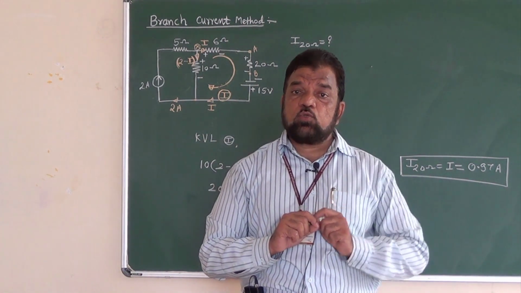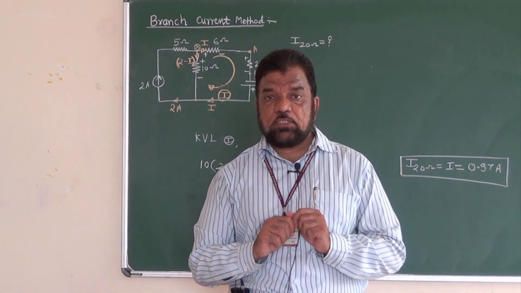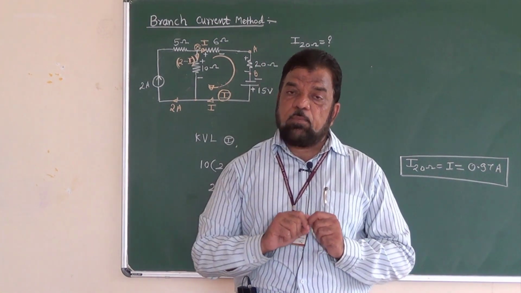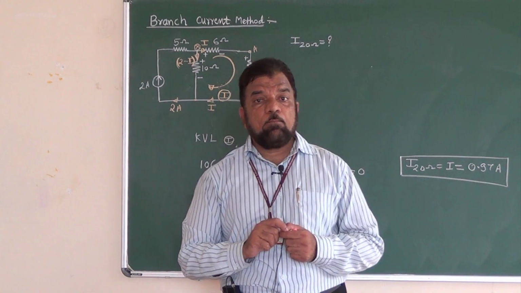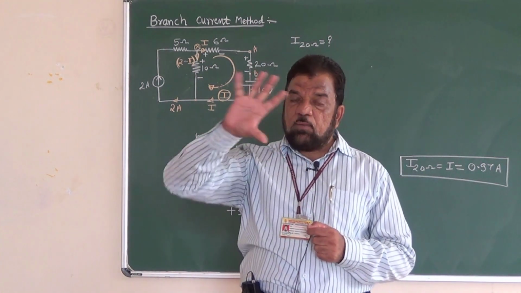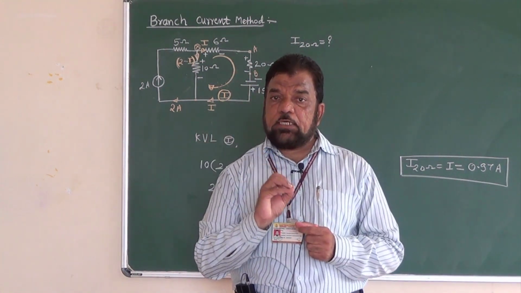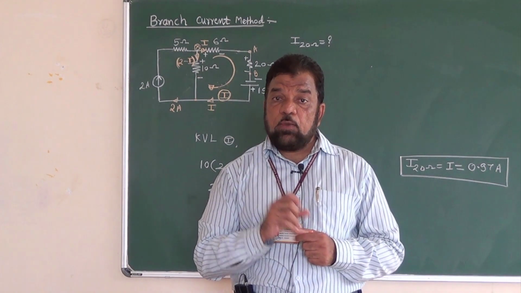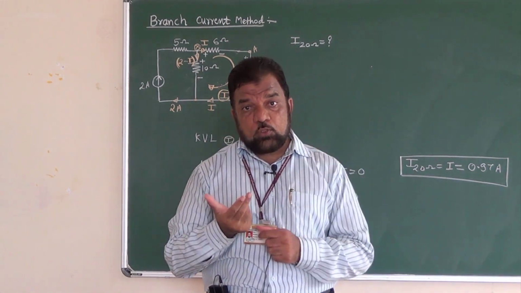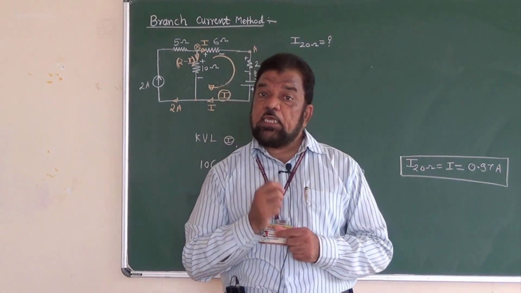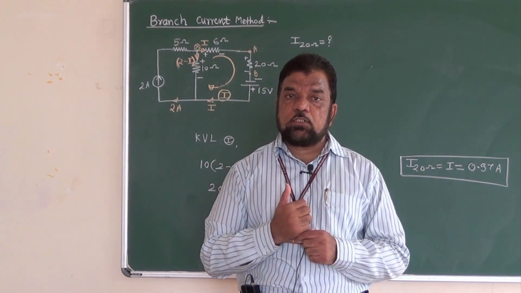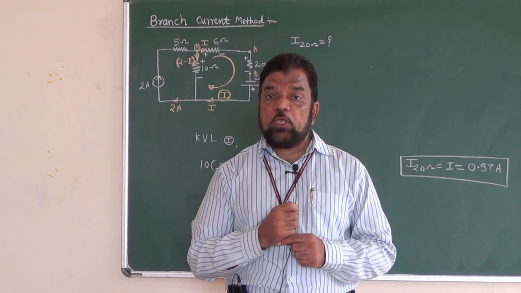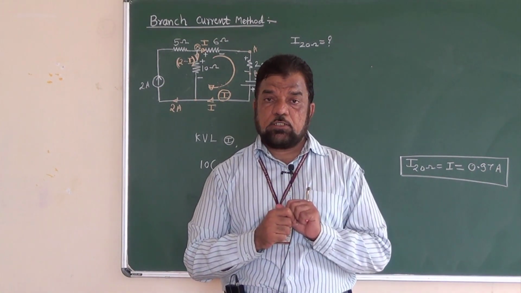Next step is just to assign the branch currents. While assigning the branch currents, the number of unknowns must be equal to the number of loops. Now once I complete this assignment of the branch currents, then I can apply the KVL. So if you have two loops, you will get two KVL equations. And by solving those two equations, you can calculate the current flowing through the required resistance.